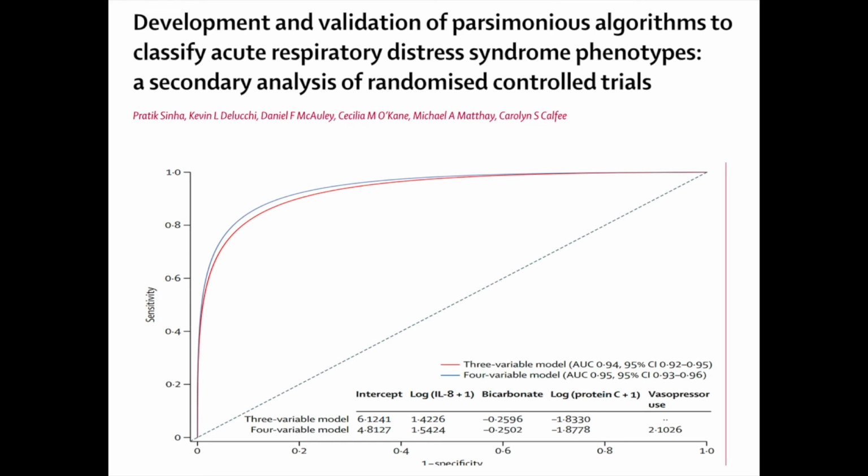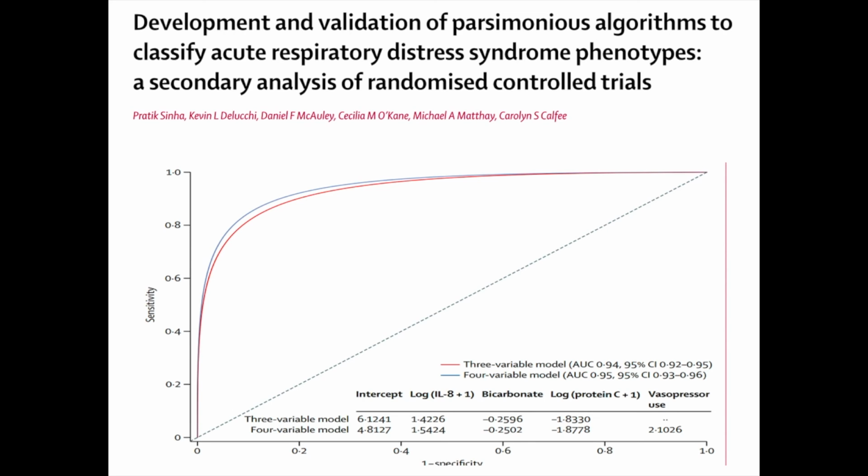In this, they found that they had 3 biomarkers. First was interleukin 8, the other was bicarbonate, the other was protein C. If they included these 3 biomarkers, they found a very high predictivity, that is, the area under the curve was 0.94. If you included the vasopressor use, then it was a 4 variable model.